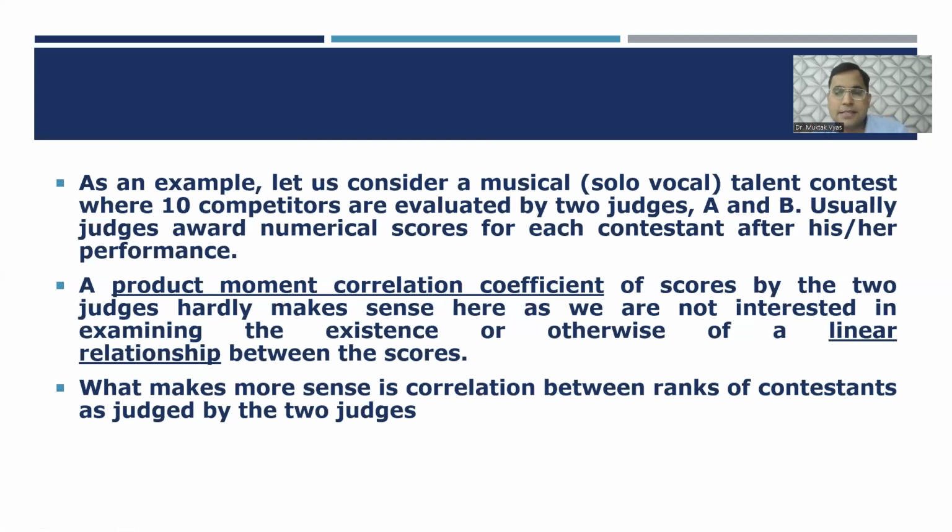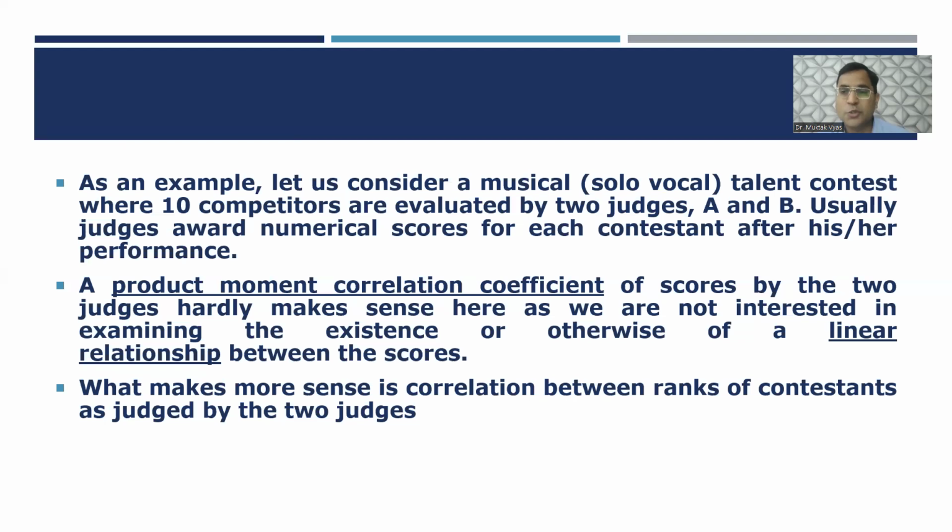As an example, let us consider a musical talent contest where 10 competitors are evaluated by 2 judges, A and B. Usually, judges award numerical scores for each contestant after his or her performance. A product moment correlation coefficient of scores by the 2 judges hardly makes sense here, as we are not interested in examining the existence or otherwise of a linear relationship between the scores.